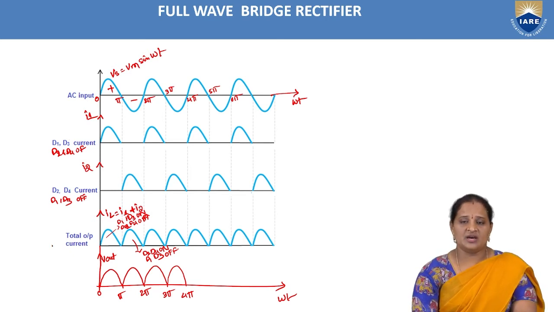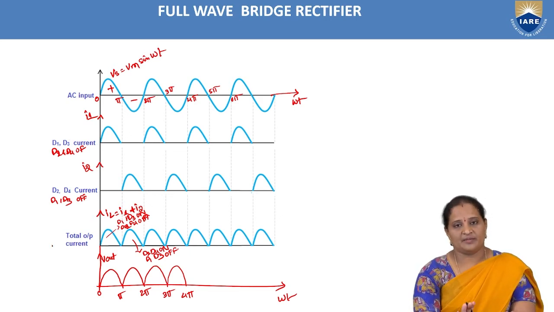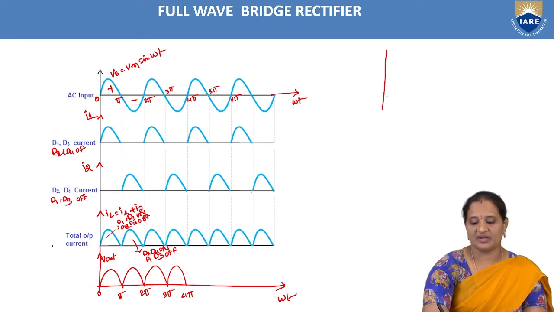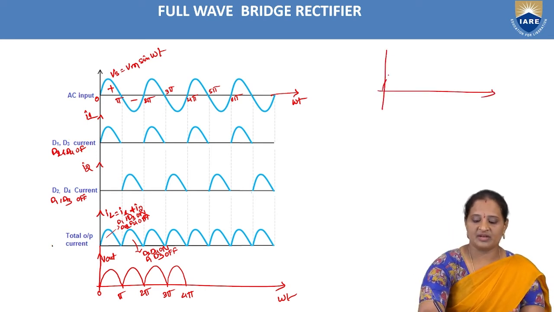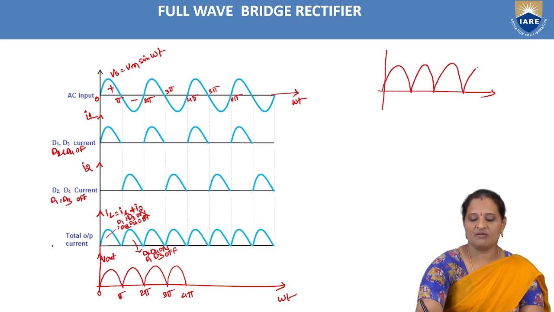If you observe the output waveforms of the bridge rectifier, they are identical to the output waveforms of the full wave rectifier, that is the center tap full wave rectifier, which also had only positive half cycles of output.